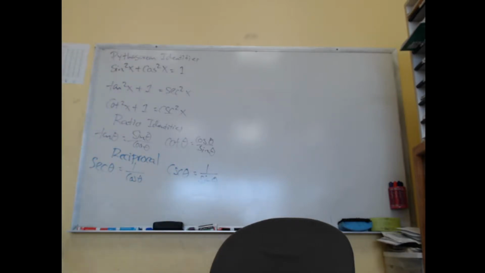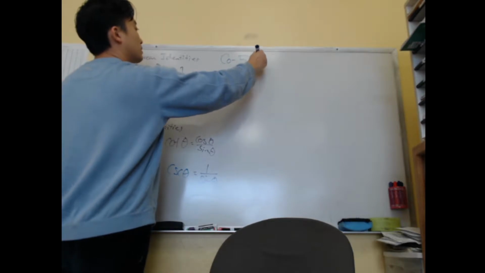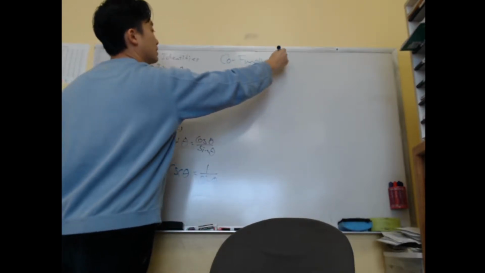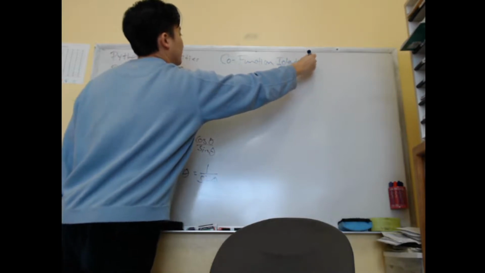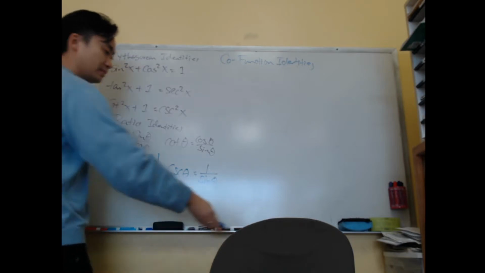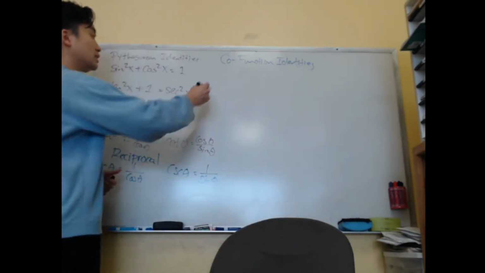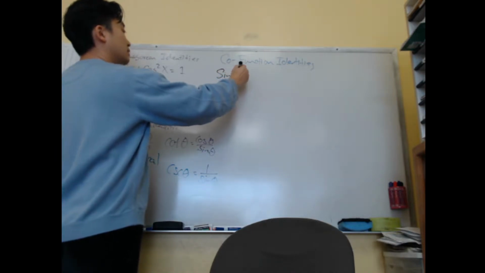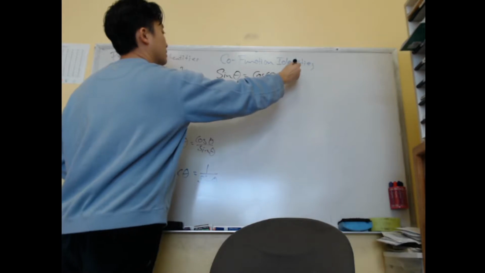Now, here's the one a lot of people have trouble dealing with. Cofunction identities. What are those cofunction identities? Do you know? Let's say you're doing sine of theta, which is the same as cosine of 90 minus theta.